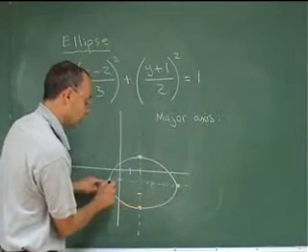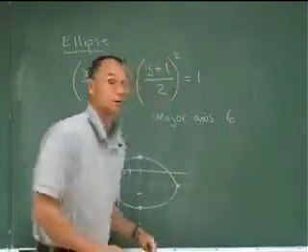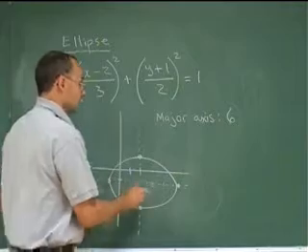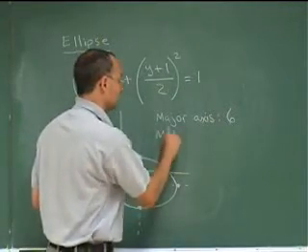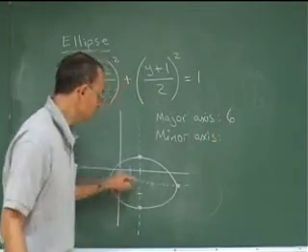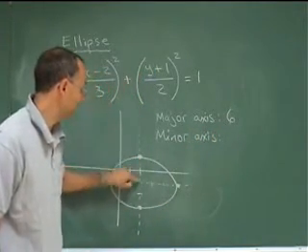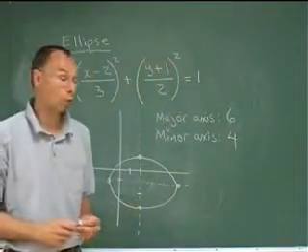We went 3 to the left and 3 to the right, so that makes a total length of 6. The smallest or shortest diameter is called the minor axis. From center we went up 2 and down 2, so it has a length of 4.